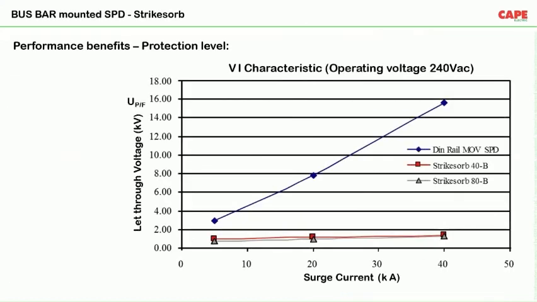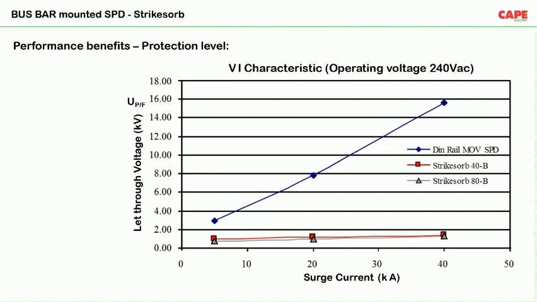Now there is a graph where we have compared two types of SPD, Drindle mounted SPDs and bus bar mounted SPDs. In India, what we generally use as of now is the Drindle mounted SPD. You can see that with increased surge current, the UPF is increasing in a Drindle mounted SPD.